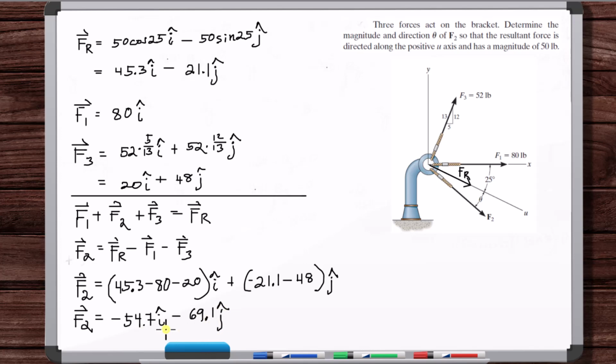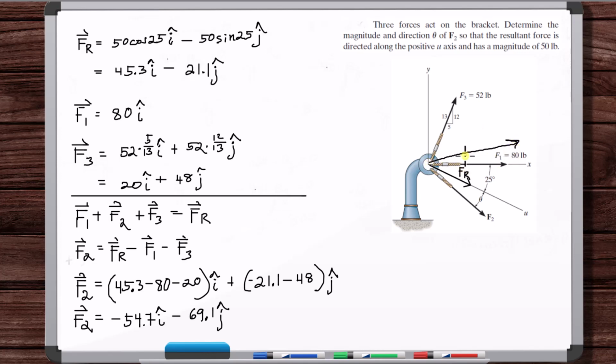So this is F2. It's going to be in the negative X and negative Y, so it's going to be somewhere in this direction. And that might seem counterintuitive, but the idea is F2 and F1 create a magnitude that's greater than 50, right? We're trying to get a magnitude of 50. So if we just add F2 and F1, it's something like this, greater than 50.